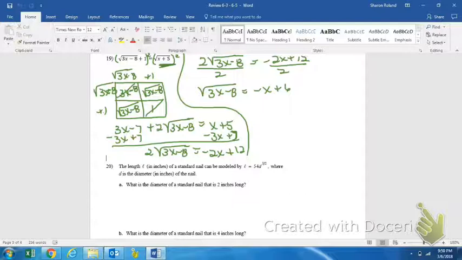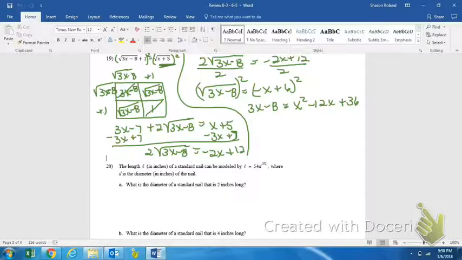So we still have to get that x out of the radical, so I'm going to square both sides again. And so that's going to be 3x minus 8 equals x squared minus 12x plus 36.